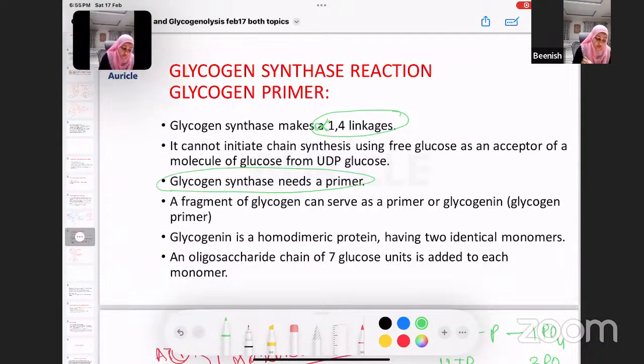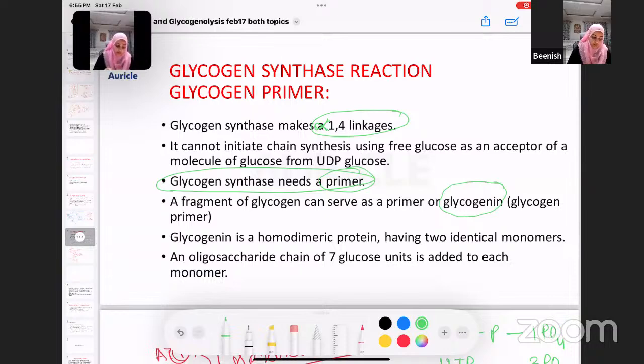Now, this is something very important. Your glycogen synthase, which makes alpha 1,4 linkages, cannot initiate a reaction by adding those glycosyl residues coming from UDP to a free glucose. It needs a primer to work. Now, we will see what those primers are. A fragment of glycogen can serve as a primer, or something known as glycogenin can serve as a primer.